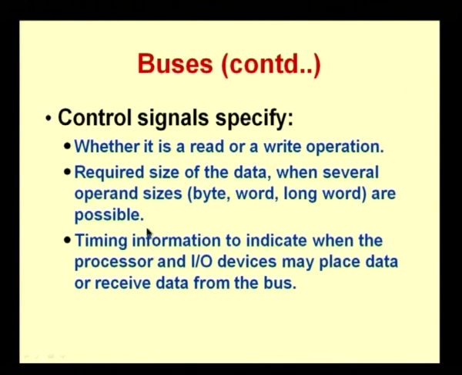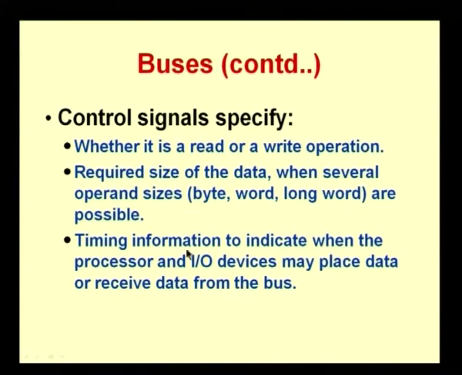So, the processor is going to place data on the bus and the I/O device will have to take the data from the bus, or the I/O device is going to place data on the bus and the processor has to take the data from the bus. Okay. So, but we need to have some kind of a timing information as to when a processor or an I/O device may place data on the bus and receive data from the bus. So, all this has to be specified by means of these control signals.